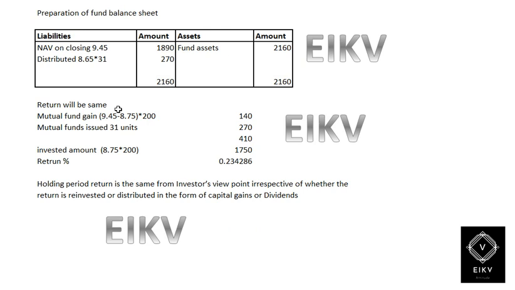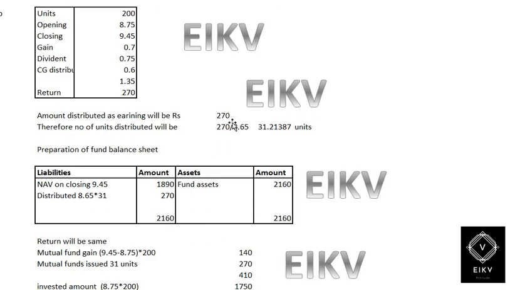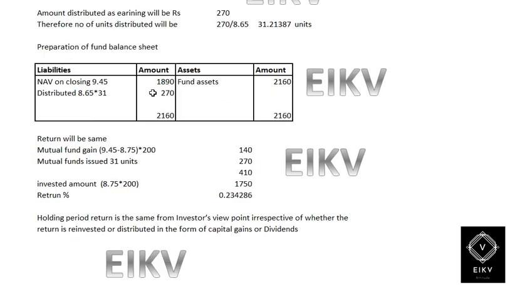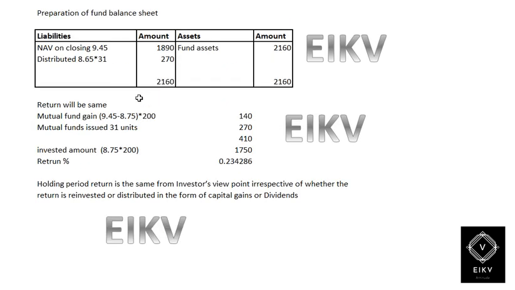So return will be same. And when we check these balance sheets, we can find that both the balance sheets are same in assets and liabilities, but there are some changes in the heads or the line items, so there are no further changes.